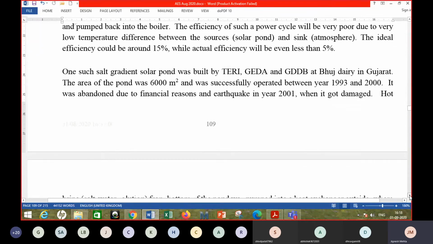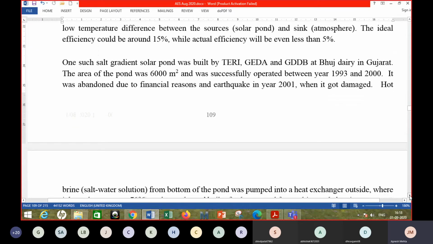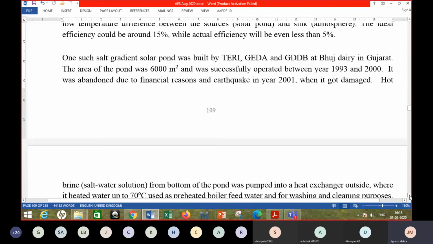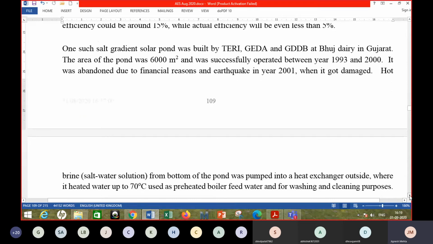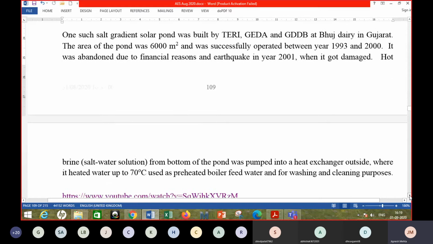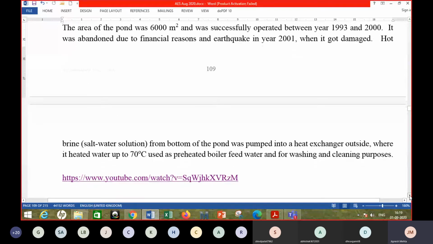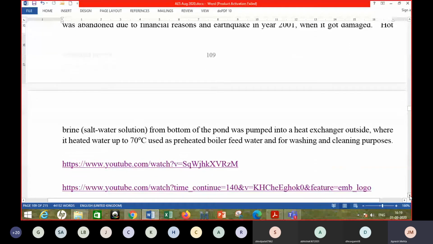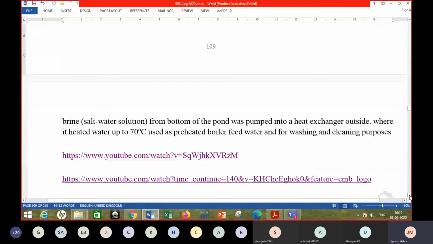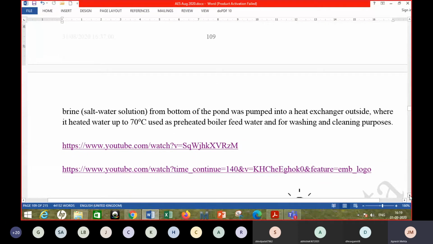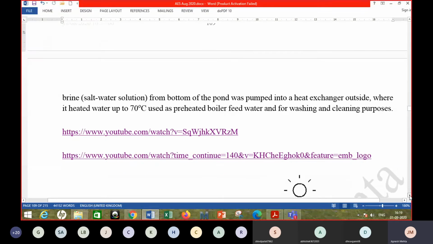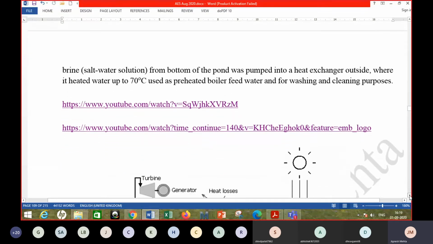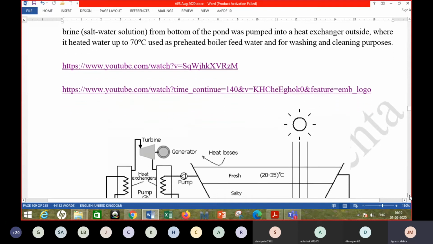And one such plant was also put up in Bhuj Dairy in Gujarat, and it operated for a few years. And after the earthquake, it was abandoned. So there is a video which is explaining the concept of solar pond, and also gives some information about that plant which was used in the Bhuj Dairy.